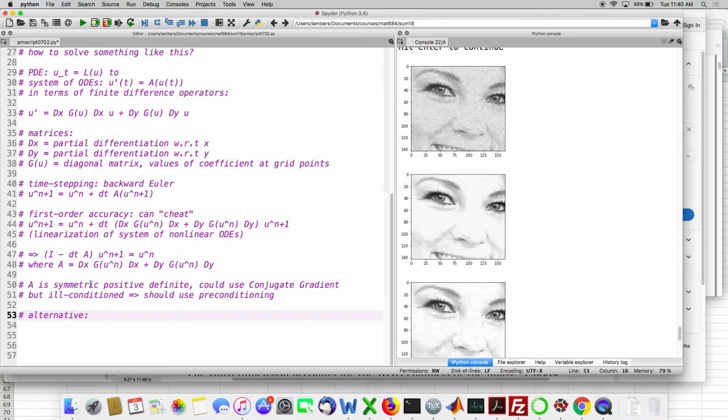So the method of choice that this code is currently using is called minres. So it's a minimum residual method. The goal is to find a solution in a certain subspace so that the size of the residual is small. The residual of Ax equals b is r, which is defined to be b minus Ax.